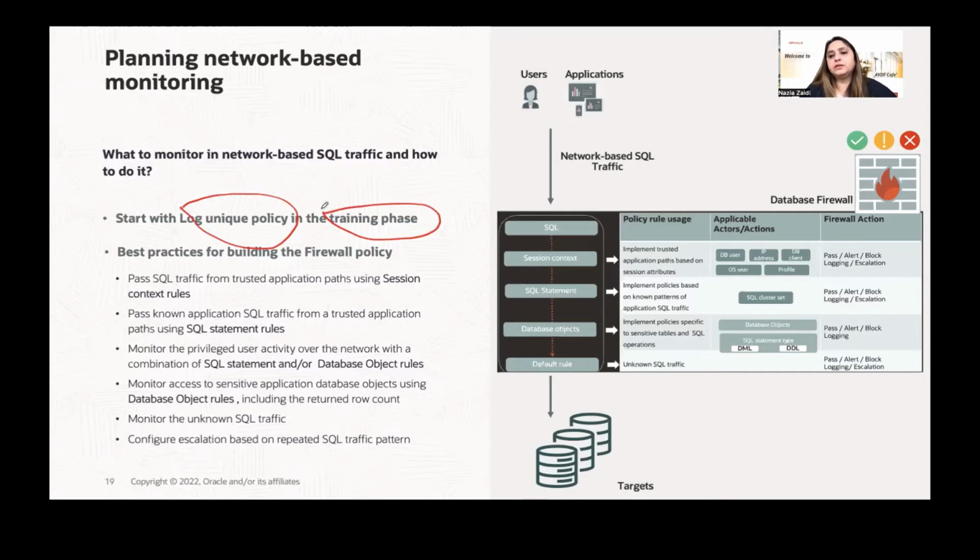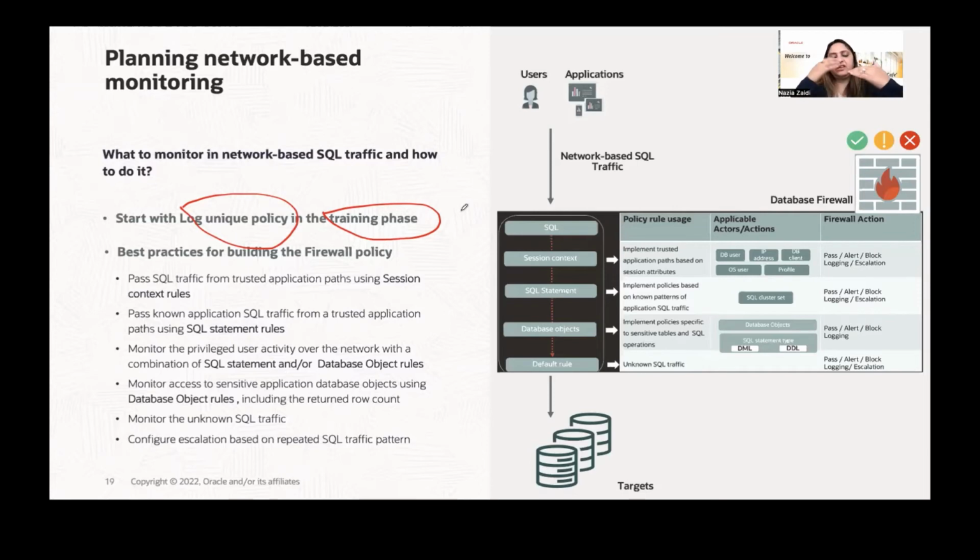Many customers, when I say that you should start putting a database firewall policy, answer that they don't have very in-depth information on what they should monitor and what they should not monitor. So we suggest that you put your database firewall in training mode. You start doing a log unique policy so that your database firewall starts capturing a lot of activities.